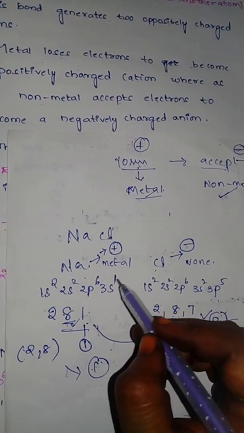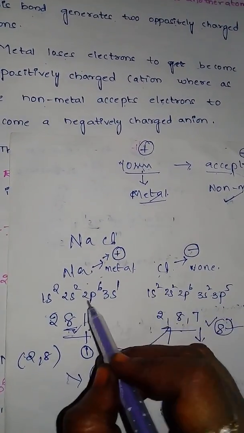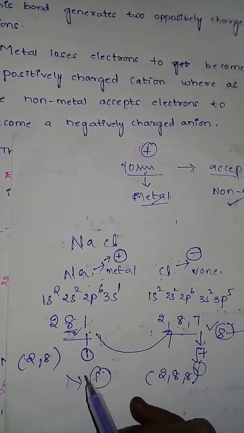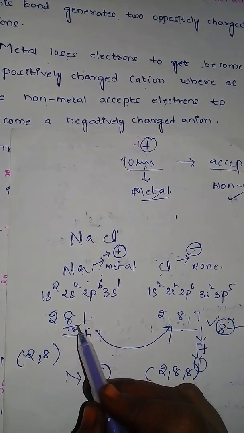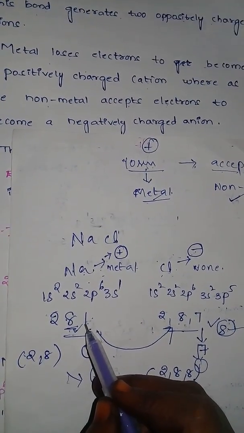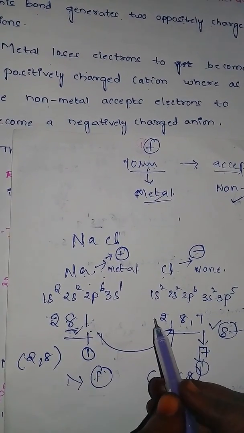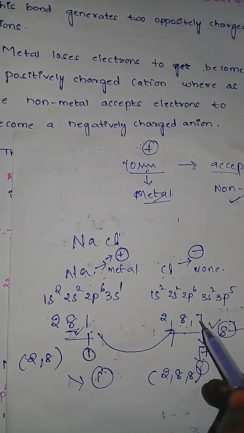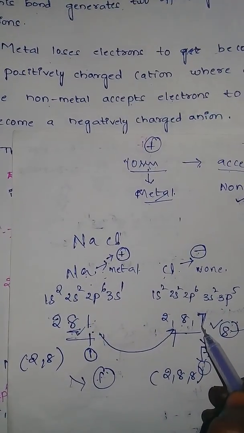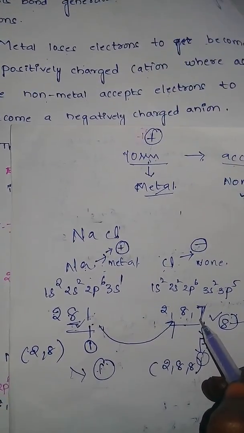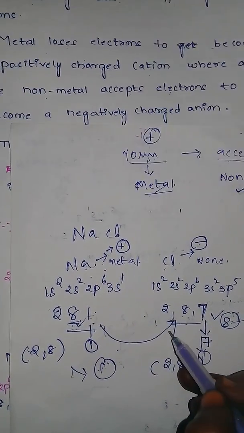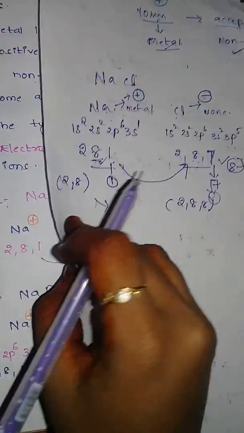So ionic bond is formed by transfer of electrons. To obtain stable configuration, sodium has one electron to lose and chlorine wants 1 electron, that's why sodium transfers 1 electron to the chlorine.